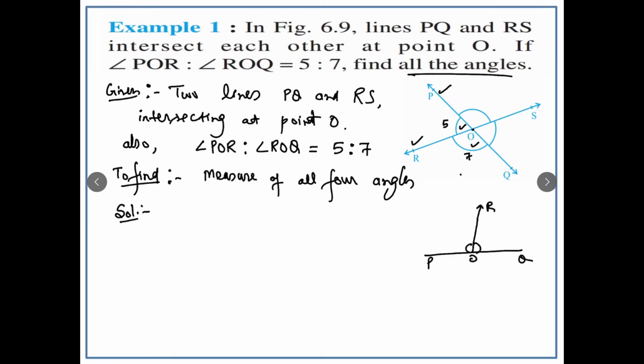It will make two angles, and the sum of these two angles has to be 180 degrees by axiom 6.1.